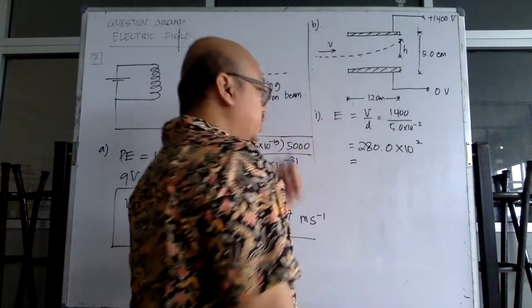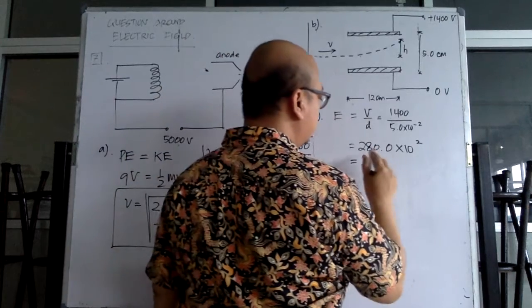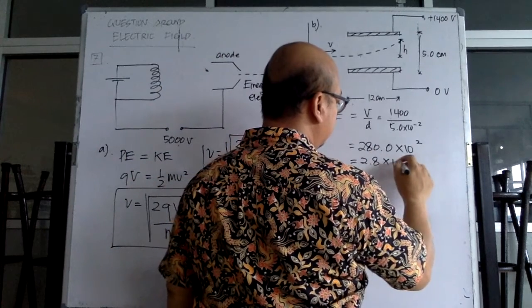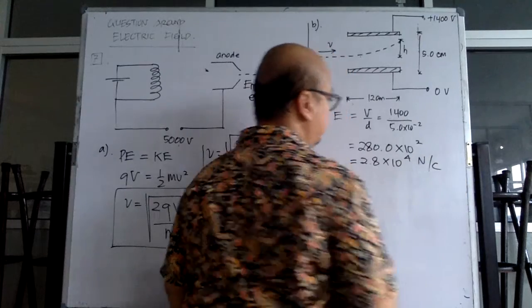So the electric field is 2.8 times 10 to the 4 newtons per coulomb.